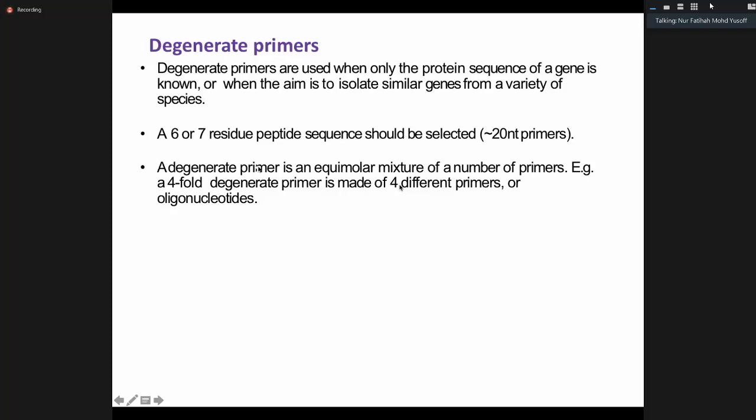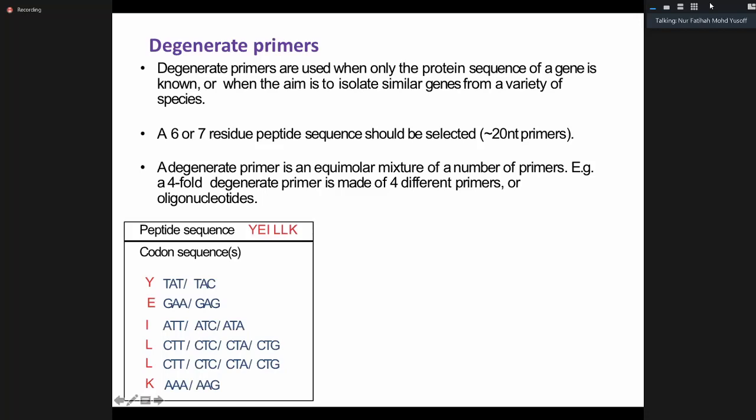Now we look at an example. You want to design a degenerate primer at this particular region with the amino acid sequence YEILLK. The codon for each amino acid residue can be degenerate.